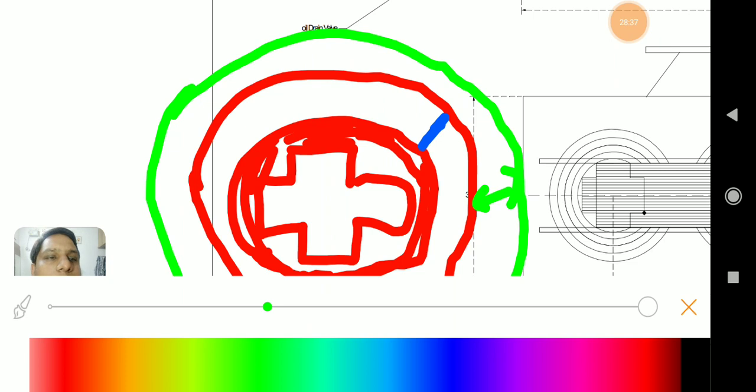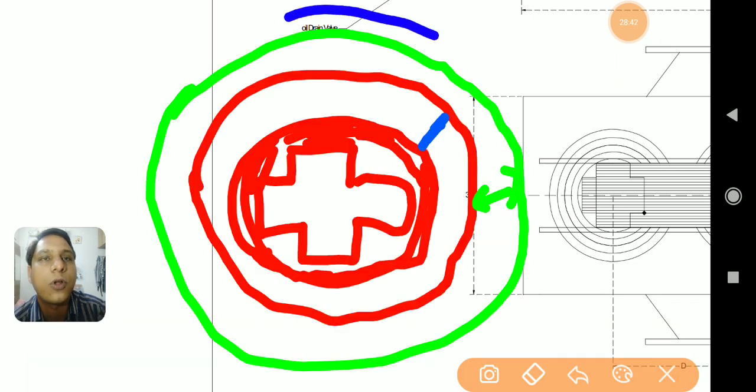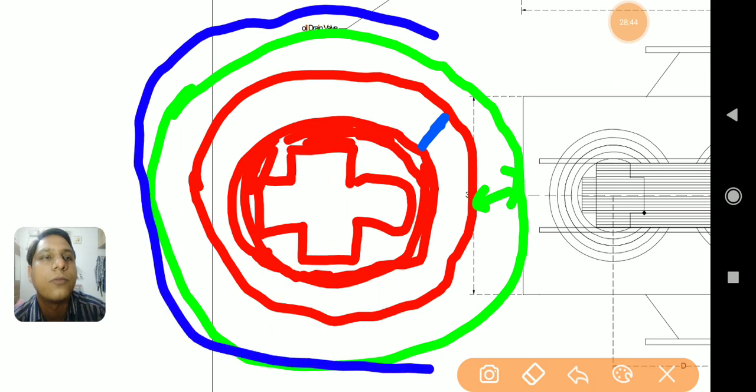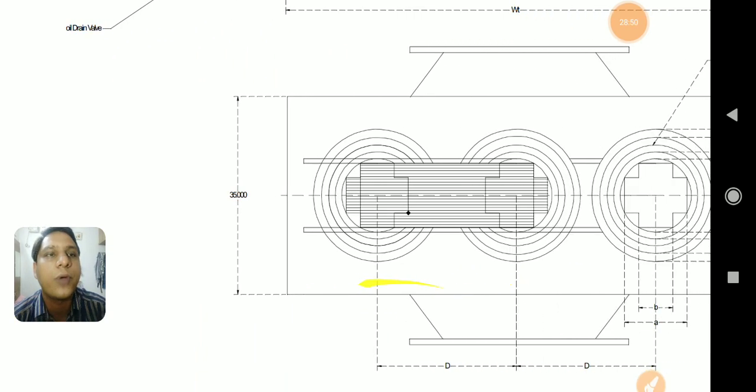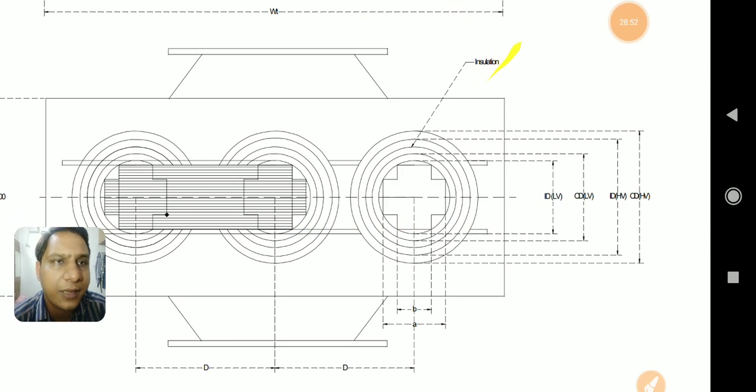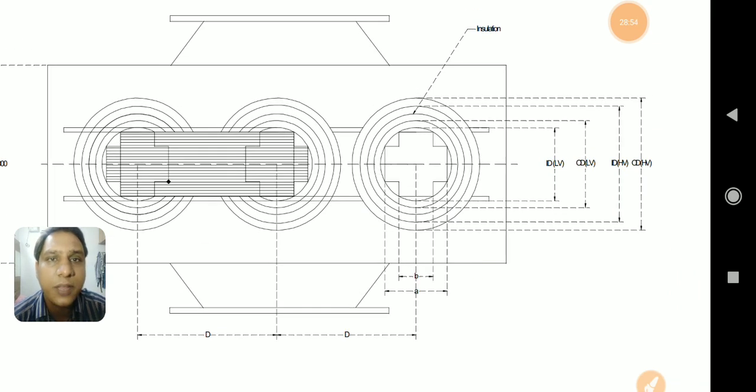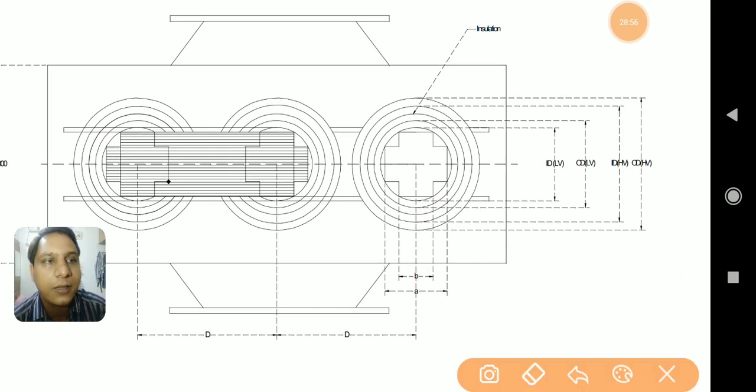After the LV winding, there is again the insulation part. The insulation could be drawn here again, which does not actually touch the winding, but that insulation part is shown, and after that insulation there is the HV winding. If you look at this diagram very carefully, you will observe all the parts present here. There is a cruciform core, then the circumscribing circle, then insulation, then LV winding, again insulation, then HV winding.